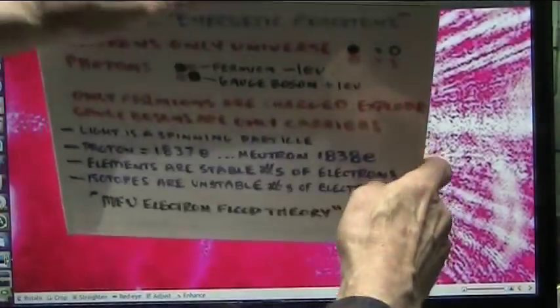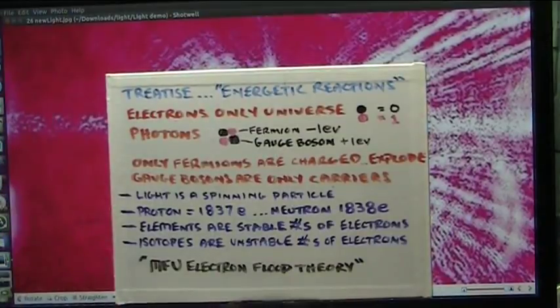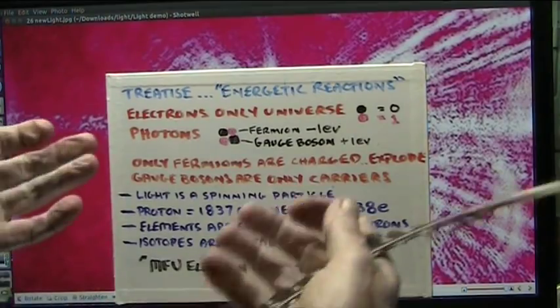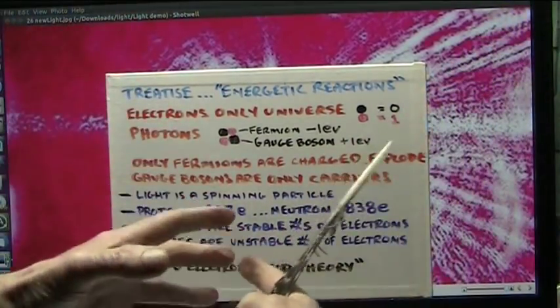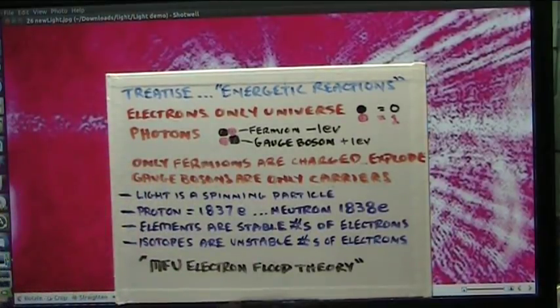Otherwise, they should be pushing each other apart. That's why these are exploding white. Now, here's the basic deal, and then we're going to go into gravity, which is, all it is, is attractive force to electrons. When you hear how simple it is, it's amazing.